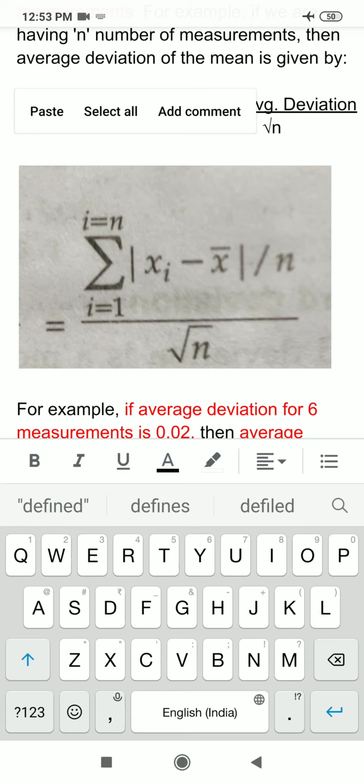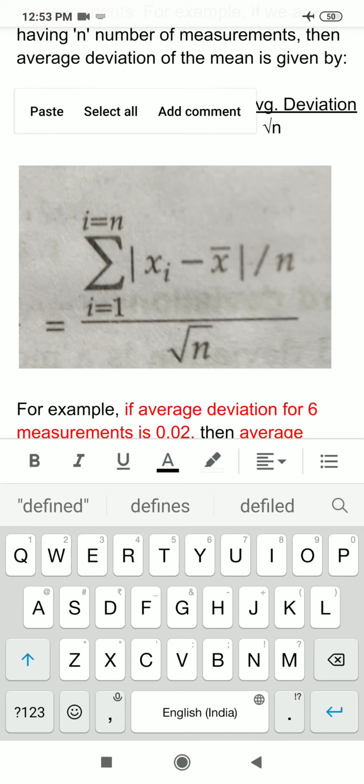Now if you want the average deviation of the mean, you will simply divide the average deviation by under root n. So the average deviation of the mean is the summation of xi minus x bar from i equal to 1 to n, divided by n, and the whole divided by under root n.